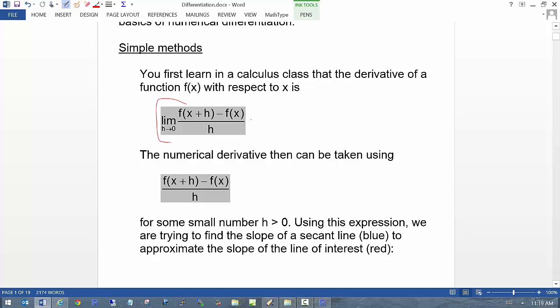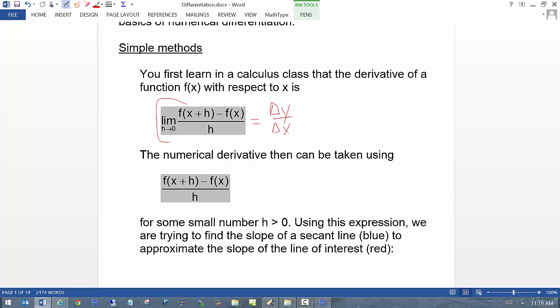Essentially you're looking at the change in the y direction over the change in the x direction. We're trying to make this change in the x direction very, very small, and this gives us our derivative, or essentially the slope that we're looking for.